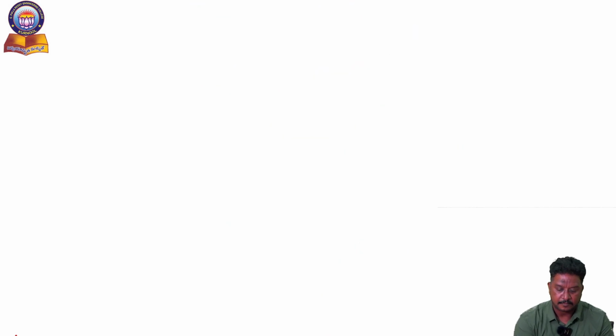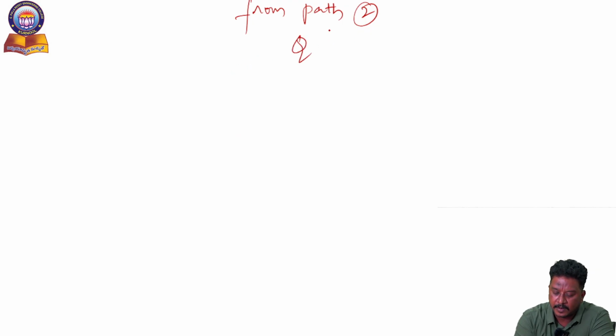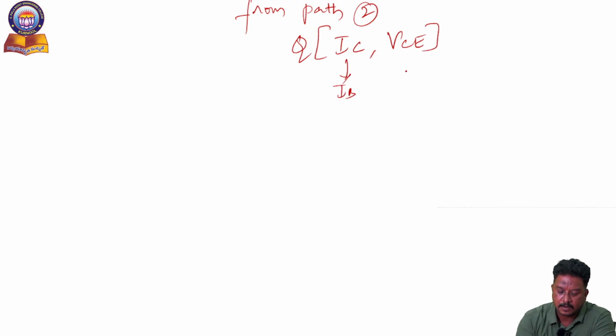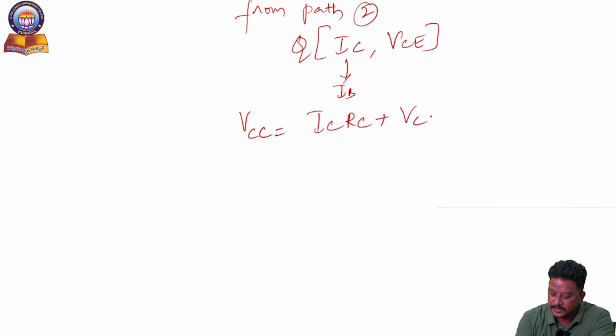Similarly, from path 2 of the above circuit, we have to locate the other point of the Q point. IC is located from IB; we have to locate VCE. By applying the KVL to path 2, VCC is equal to ICRC plus VCE.